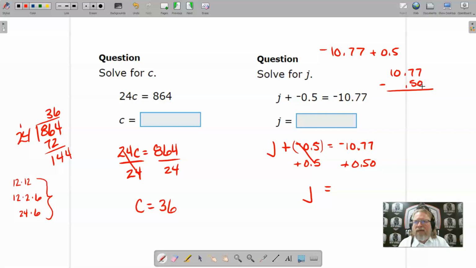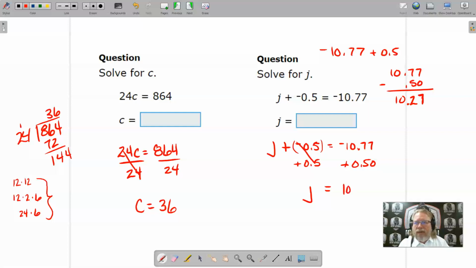Now 7 minus 0 is 7. My brain's already thinking the next column over here. I'm getting ahead of myself today. 7 minus 5 is 2. And let's go ahead and just bring down the 10. So now we found the difference between them because we're adding a positive and negative value.